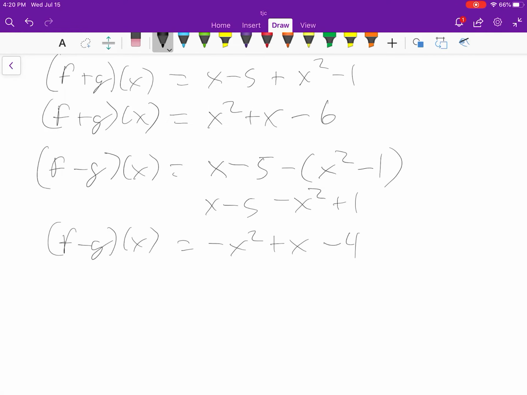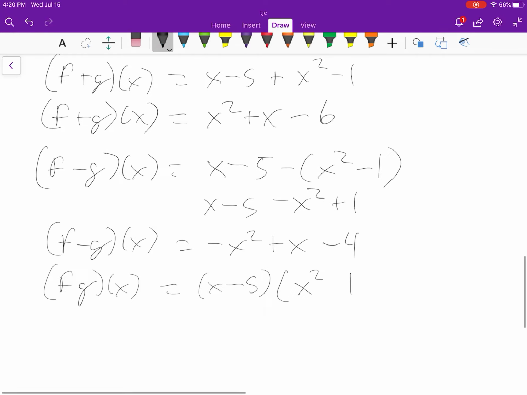Okay, what about multiplying two functions? So if we're going to multiply two functions, f times g of x, you're just multiplying them. So you take f, which is x minus 5, multiply it by x squared minus 1. That's what it originally was. And you just multiply it out. So x times x squared is x cubed.